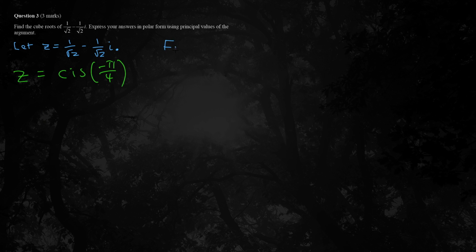Okay, so remember, the task was to find the cube roots of z viewed as a complex number. And therefore using this knowledge we've got here of the polar form, we can say that we're trying to find the cube roots of cis of negative pi on 4, viewed as a complex number.